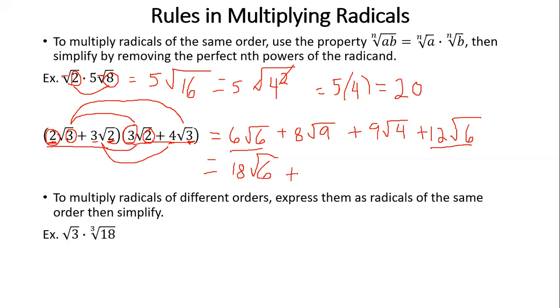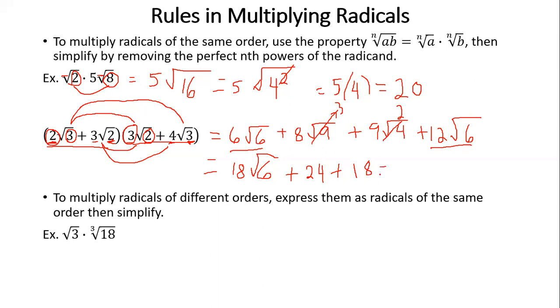Plus, okay. Square root of 9 is equivalent to 3. So, 8 times 3, that is 24. Plus, square root of 4 is equivalent to 2. So, 9 times 2 gives us 18.